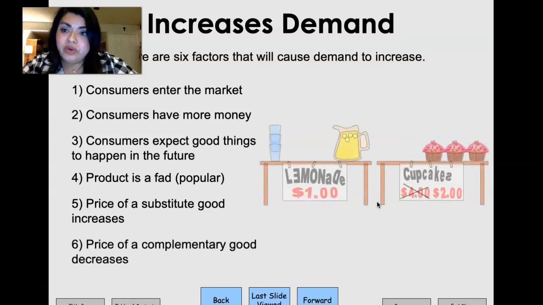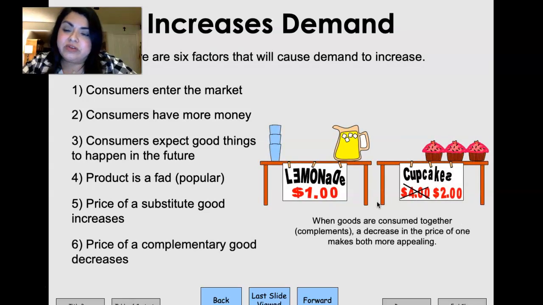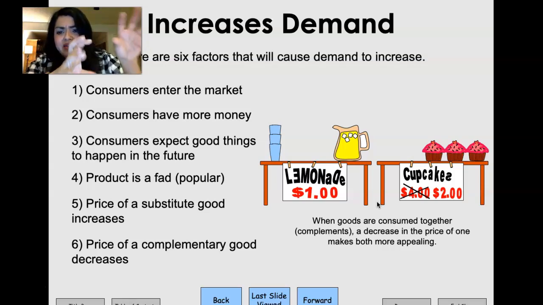And then also, if the price of a complementary good decreases. An example of this is when gas gets really low, the way it is right now, people are prone to buy big cars. They like to buy SUVs, especially in the United States. We like big things. We like big houses and big cars. In about 2006, the gas prices went through the roof. They were almost $4 a gallon. There were places it was almost $5, and that was here in Texas.